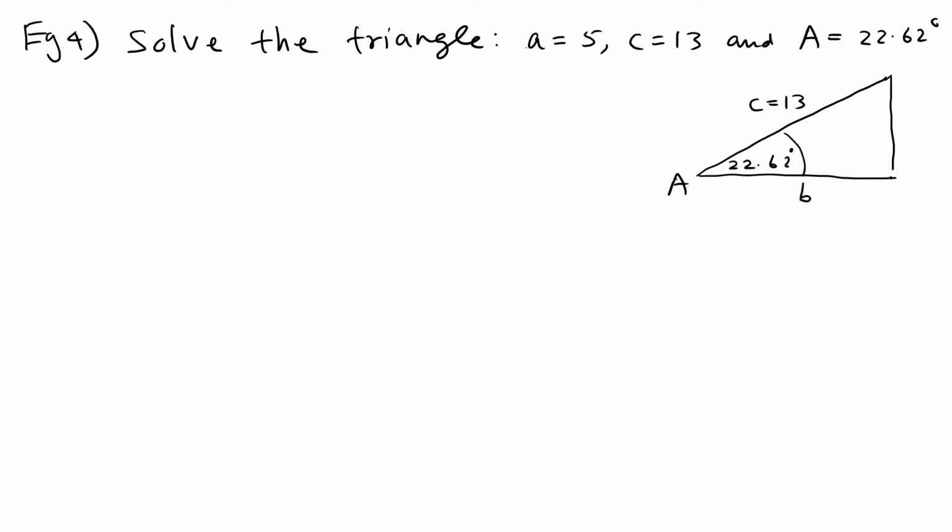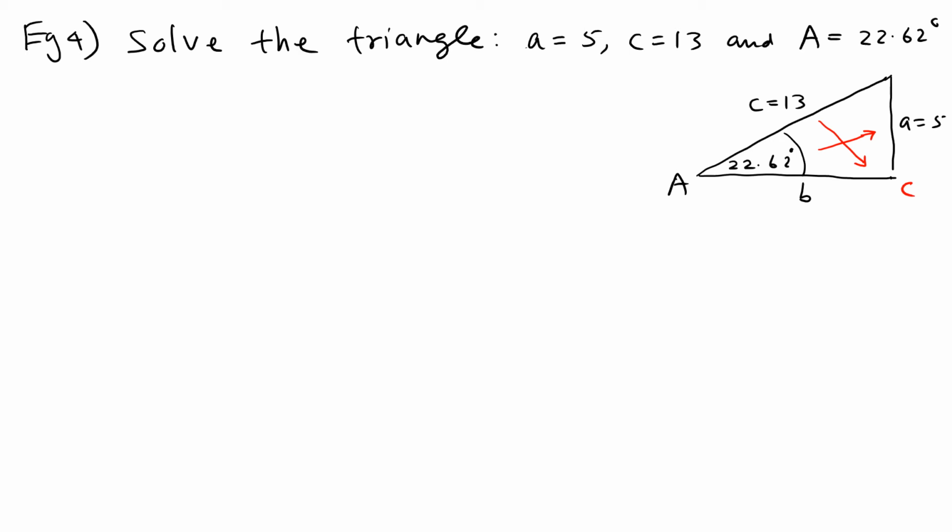This is b, that we don't know, but a is given, so a equals 5. What we're trying to do is find this. You can see that you can find the angle now because we have an AA pair, and we also know one side, that means we can find the corresponding angle C.